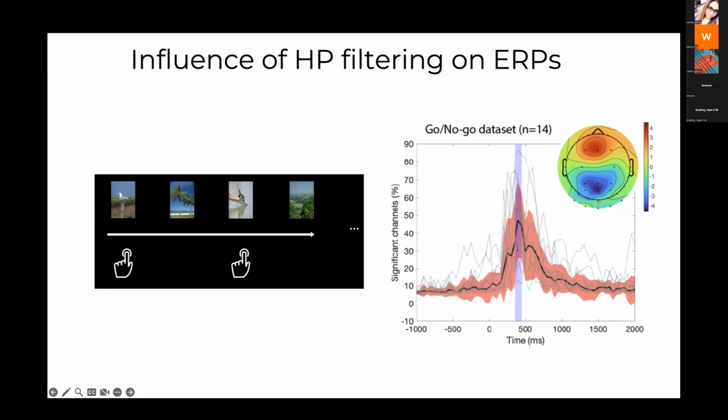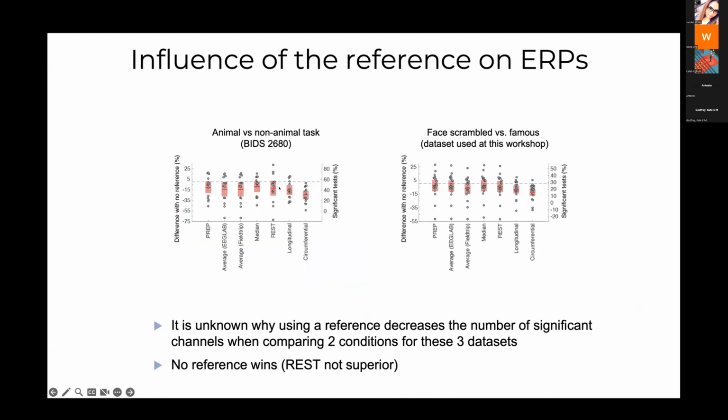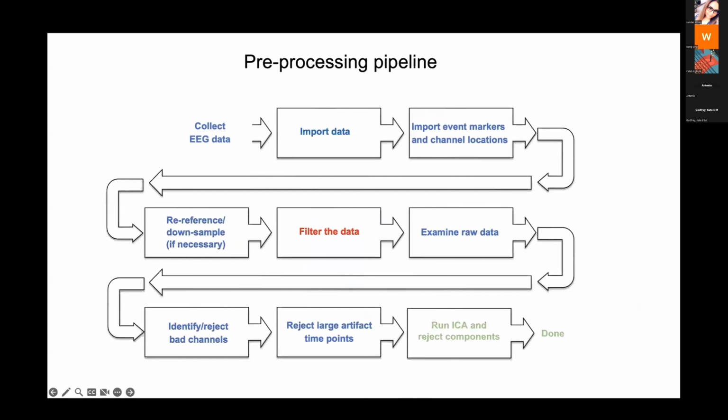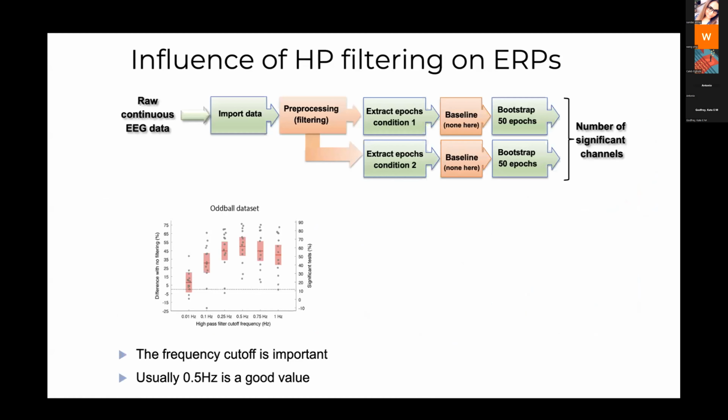Every single subject is a gray line. We're looking at the amplitude of the difference in this region and the number of significant channels in this specific region. That's the same thing that was done here, by the way. The difference is that we're not testing different references, we're testing different filters.